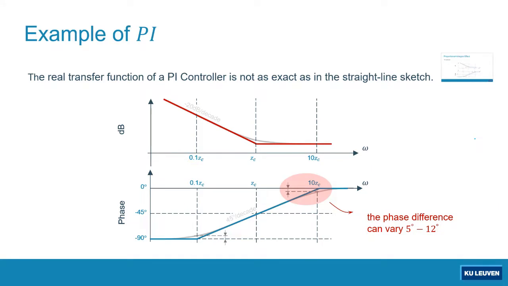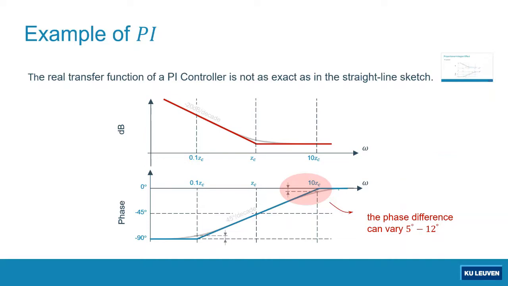You still remember the Bode diagram that we sketched for the PI controller? The Bode diagram that we sketched simply looks like what you can see in this slide, but the real magnitude plot and the real phase plot is not exactly the same as in the straight line sketching.